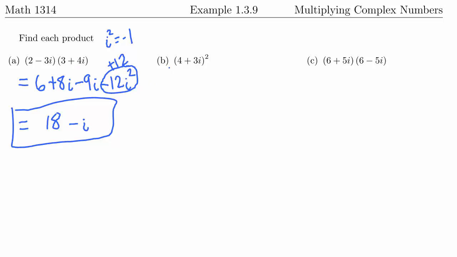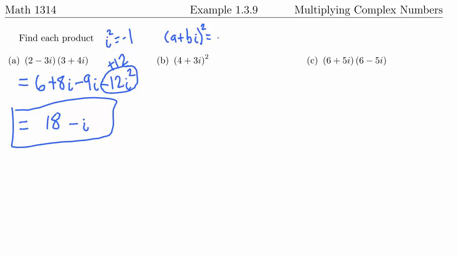Look at letter B now. 4 plus 3i squared. There is a formula for a plus bi squared. It's a little bit different from the formula for squaring just a regular binomial.